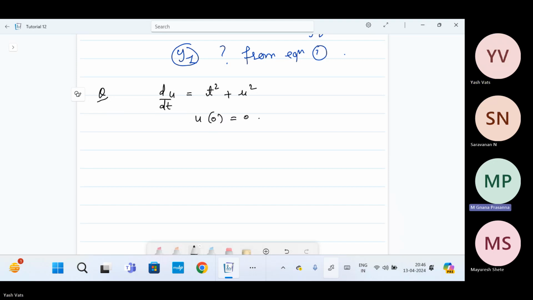And what is h? You have to write the first three terms of the Taylor series. They have not given h, sir. We have to write in terms of t.